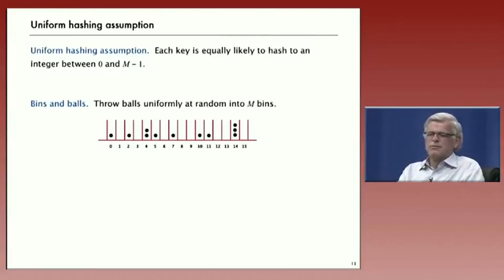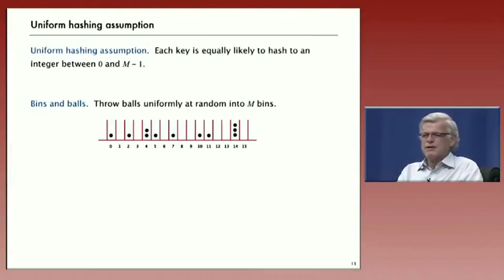And this assumption, again, with work, it's possible to come close to this. Lots of researchers have done good work to show this. So we'll assume that as a starting point. And that allows us to model the situation with the so-called bins and balls model that directly relates the study of hash functions to classical probability theory.